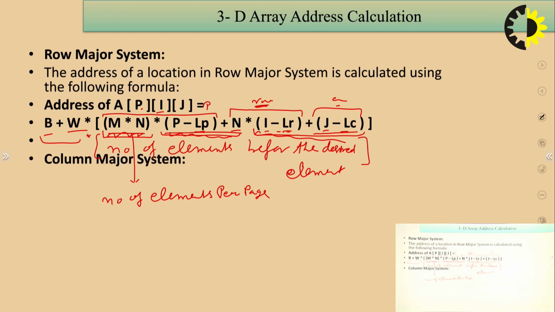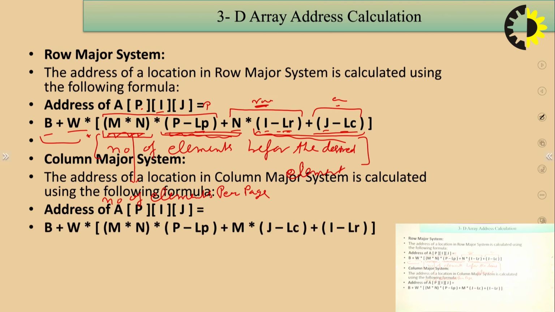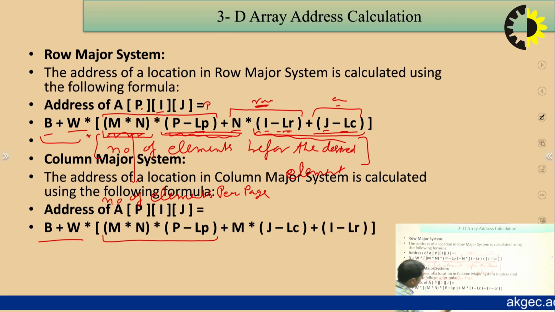In the column measure, the address of the location in the column measure system is calculated using this formula. Same here: B plus W into the number of elements before that particular element. Here we calculate the number of pages elements, second the number of elements before that particular element row wise, and the number of elements in that particular column.